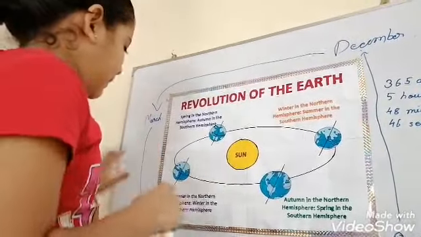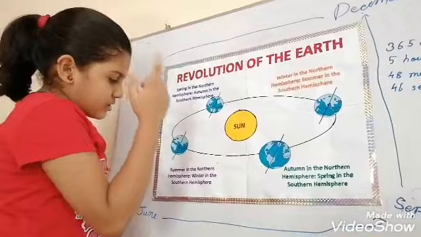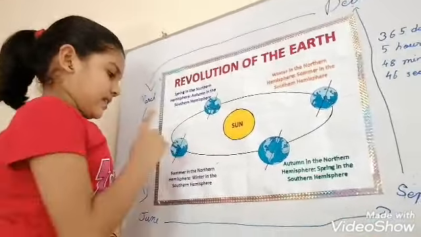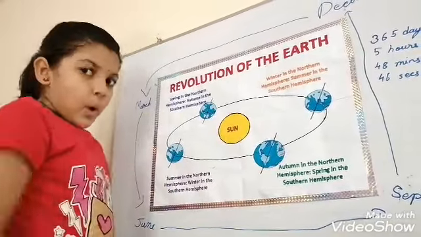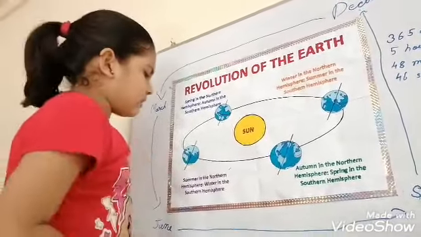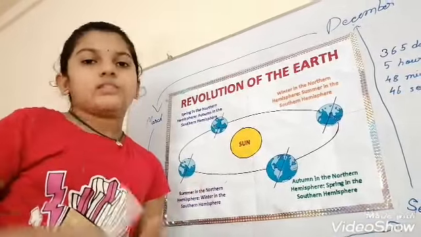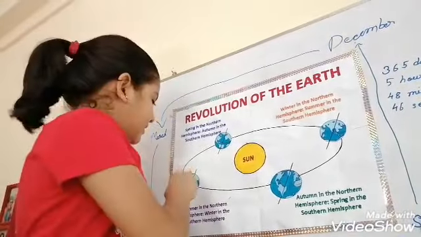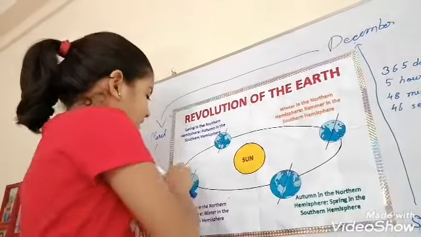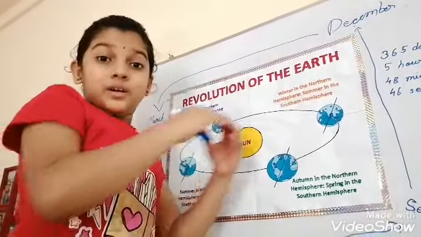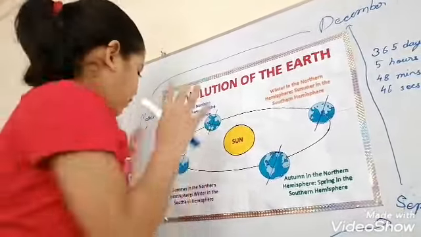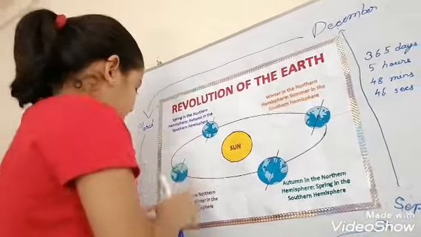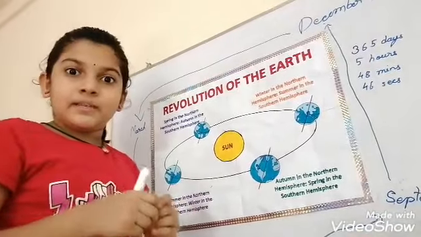So now let me tell you. Summer will start from June: summer in the northern hemisphere and winter in the southern hemisphere. Why is that? Because when the northern hemisphere is tilted towards the sun, the sunlight falls on the northern hemisphere much more than on the southern hemisphere.